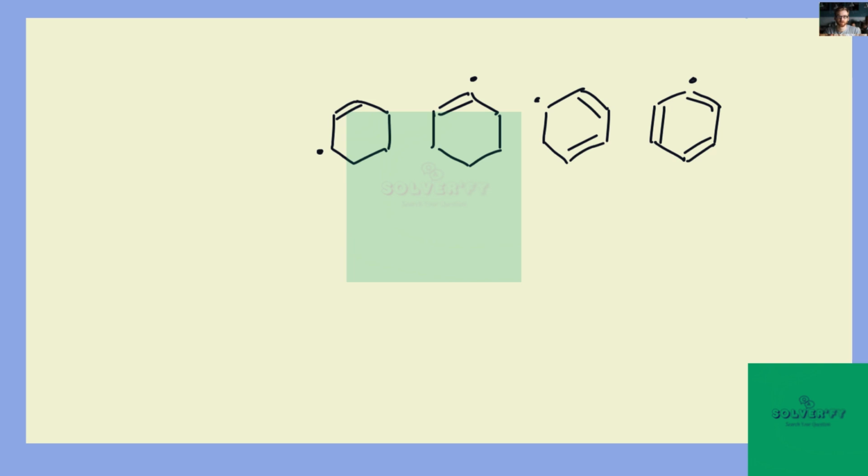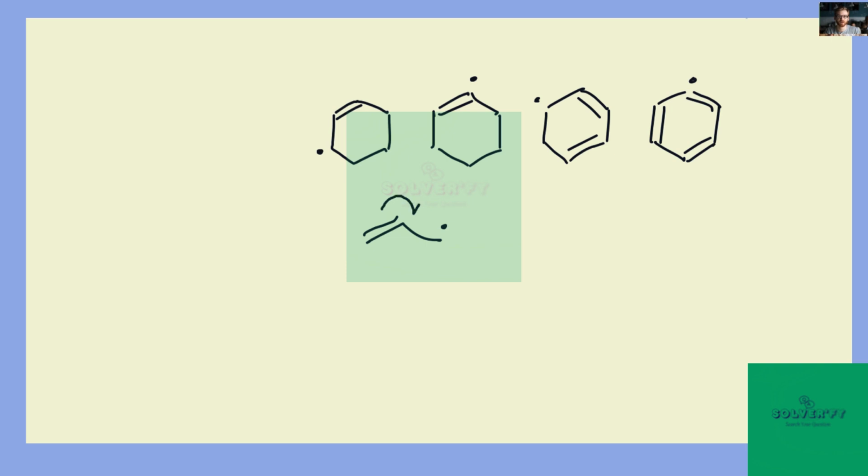Okay. So the reasoning for that is that radicals are stabilized when they neighbor, that is, they're on the carbon next to a carbon participating in a double bond. And the reason for that, if you recall, is resonance, right?